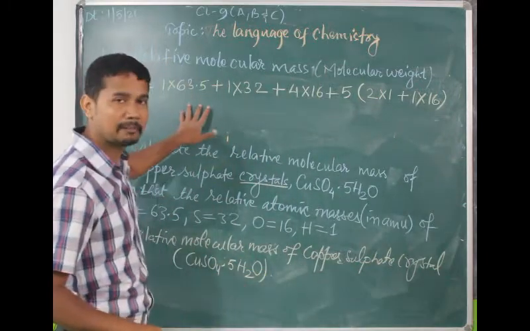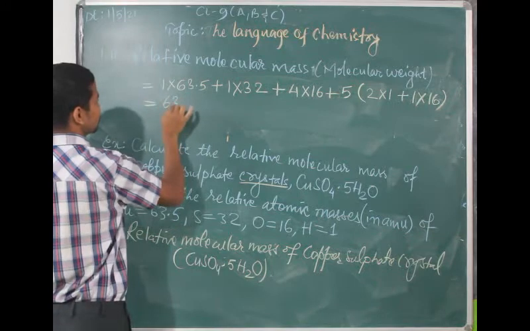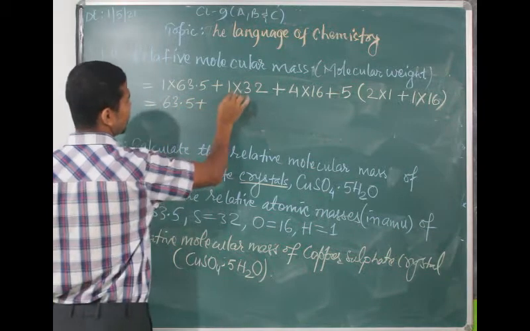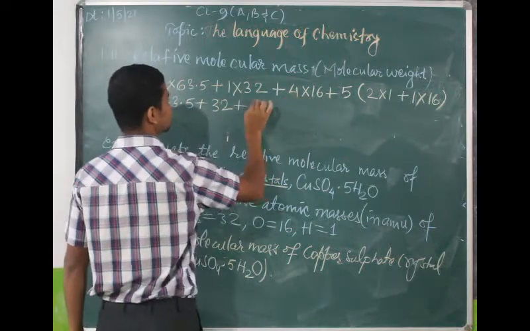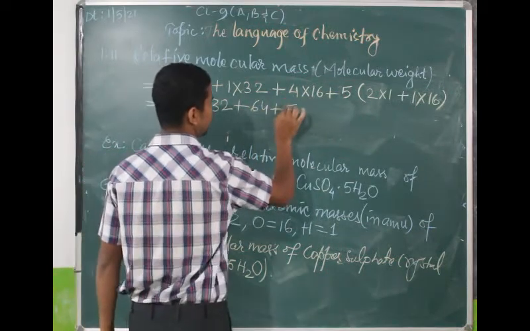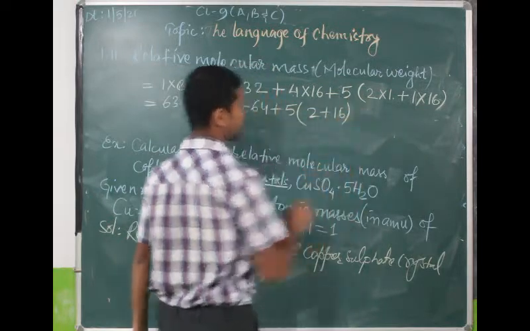This is done. Then 1 into 63.5 is 63.5, plus 1 into 32, 32, plus 4 into 16, 64, plus 5 into, 2 into 1, 2, plus 16, which is 18.